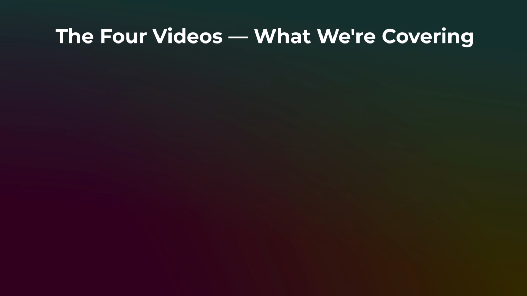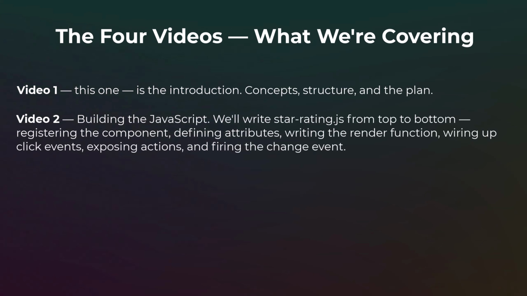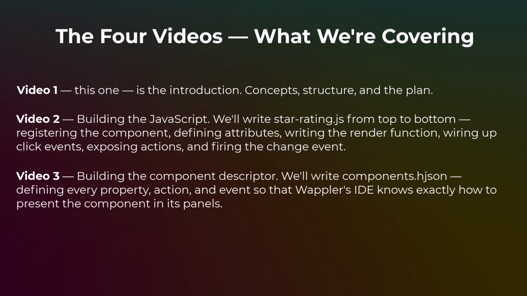Let me give you a quick roadmap of what we're building across the 4 videos. Video 1, this one, is the introduction. It covers the concepts, structure, and the plan. Video 2, building the JavaScript. We'll write star rating.js from top to bottom, registering the component, defining attributes, writing the render function, wiring up click events, exposing actions, and firing the change event. Video 3, building the component descriptor.